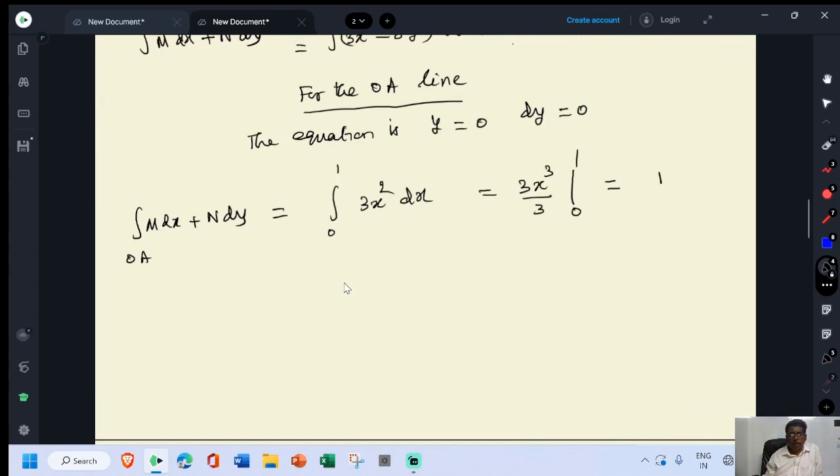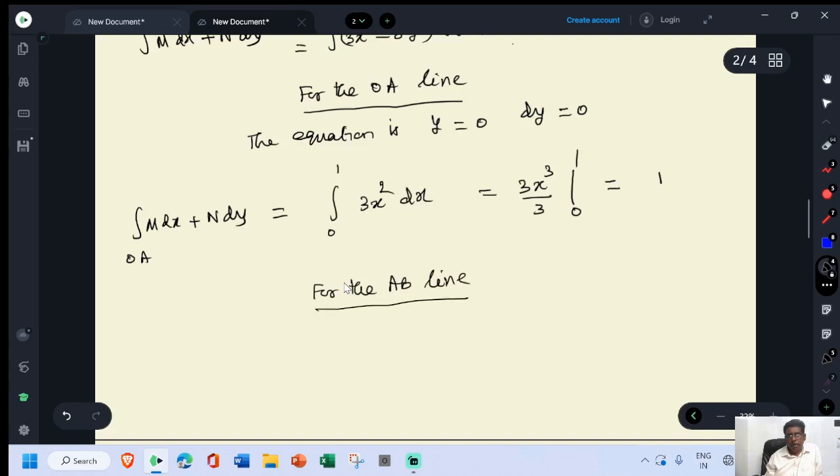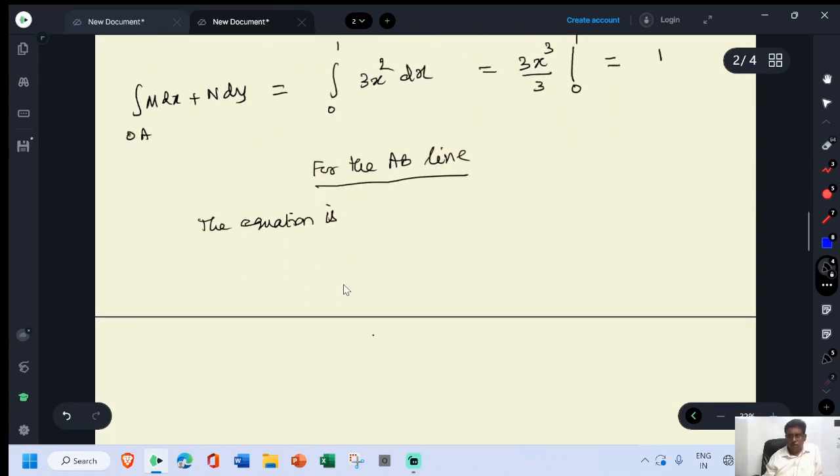Now for the AB line, the equation is x plus y equal to 1. Therefore, y equal to 1 minus x and dy equal to minus dx.